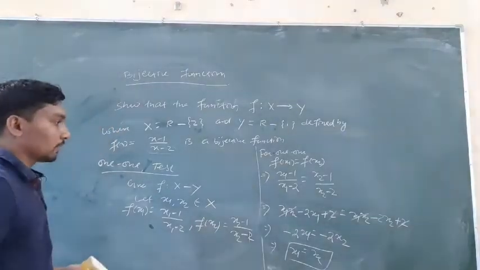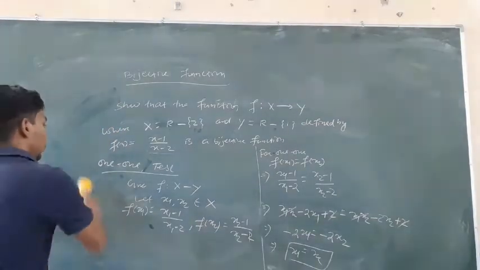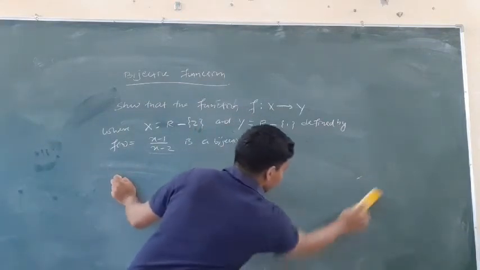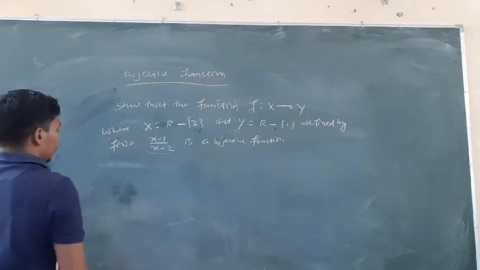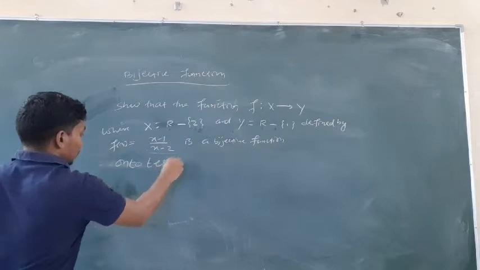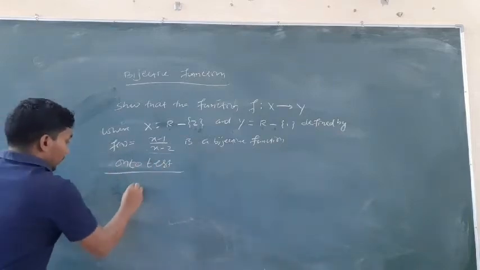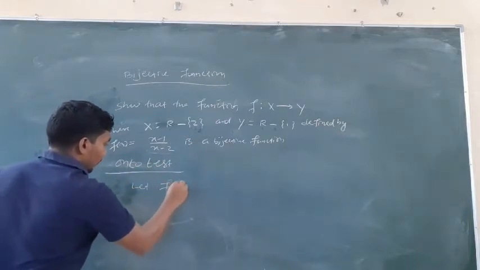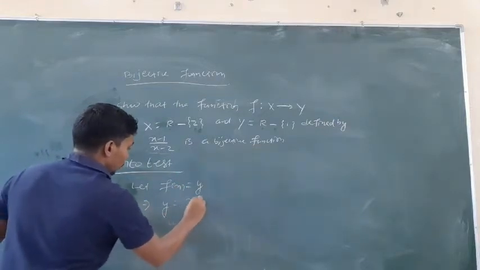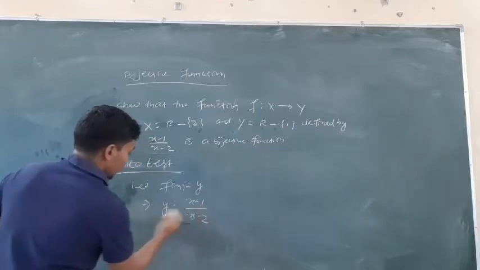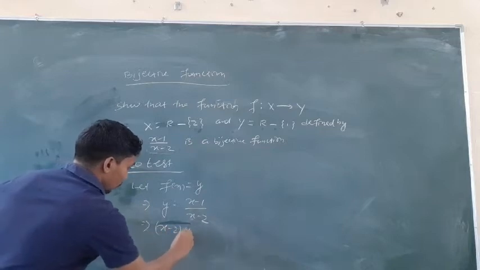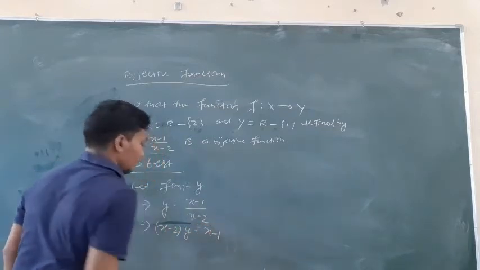Now we test whether the function is onto or not. We have to test the function for onto, the onto test or surjectivity. For the onto test, let f of x is equal to y. That implies y is equal to x minus 1 by x minus 2. Cross multiply: x minus 2 into y is equal to x minus 1.